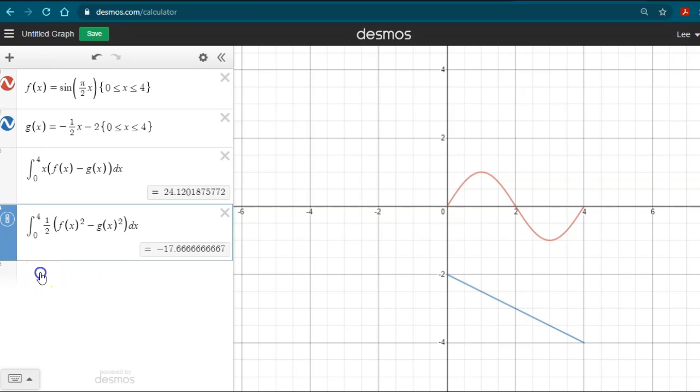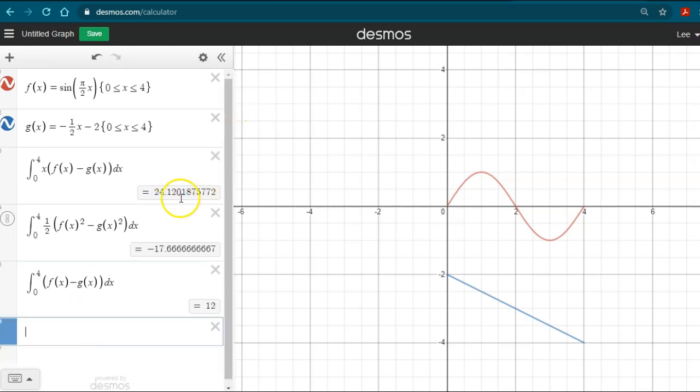Alright, and then the last one here, which is just the area. So integral 0 to 4 of this f of x minus g of x. Yep. And we like parentheses around these usually, so let's put those in.